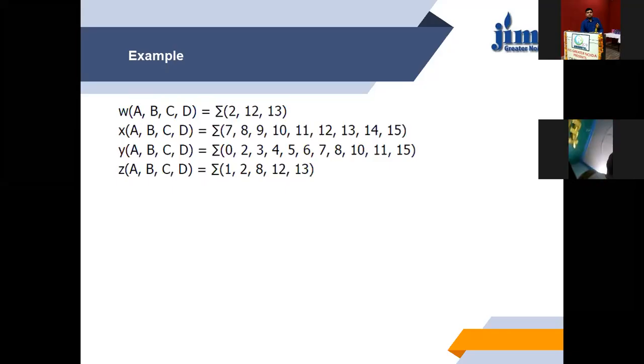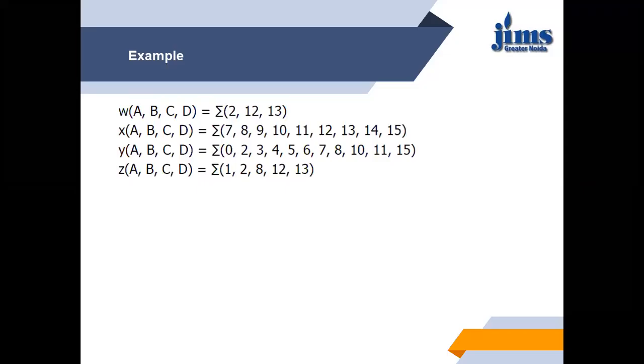Similarly, Y equals summation 0, 2, 3, 4, 5, 6, 7, 8, 10, 11 and 15, and Z is 1, 2, 8, 12 and 13. So what we have to do first is solve all the minterms with the help of a K-map or the tabulation method, so that we can find the optimal minterms.